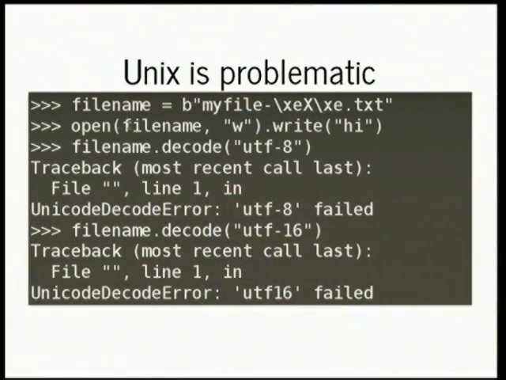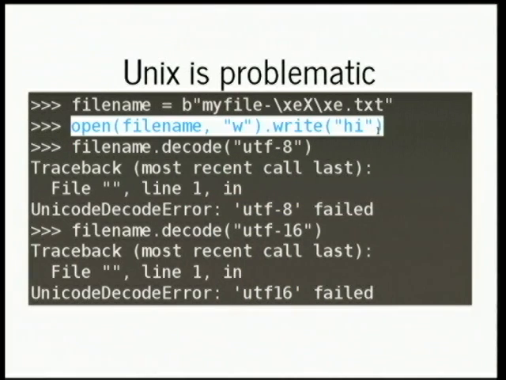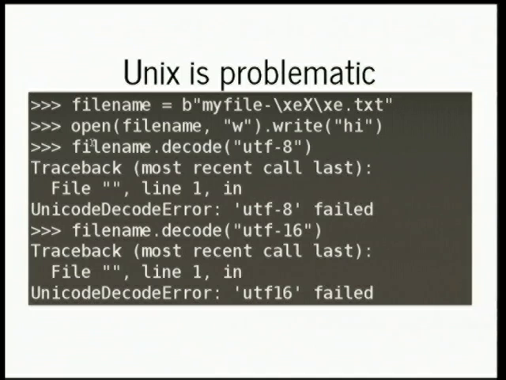In particular, Unix causes problems, because if you have a byte string like this with some strange bytes in it, Unix is happy to let you write to it, but the file name cannot really be turned into Unicode in any rational way, like UTF-8 or UTF-16. Of course, you could decode it with Latin 1, but that's not really any more sensible than doing it with any of these other decodings, which fail.